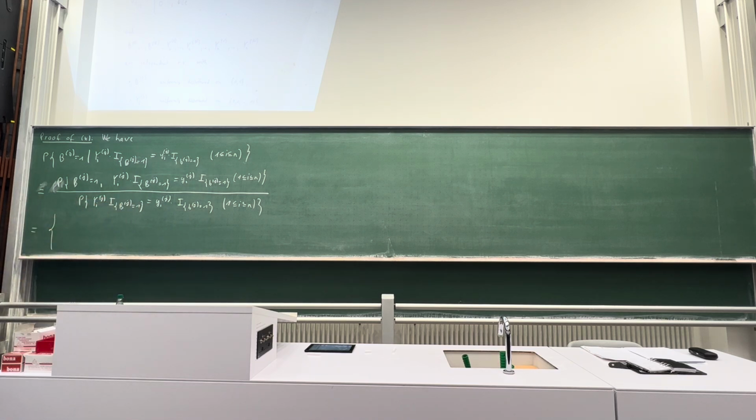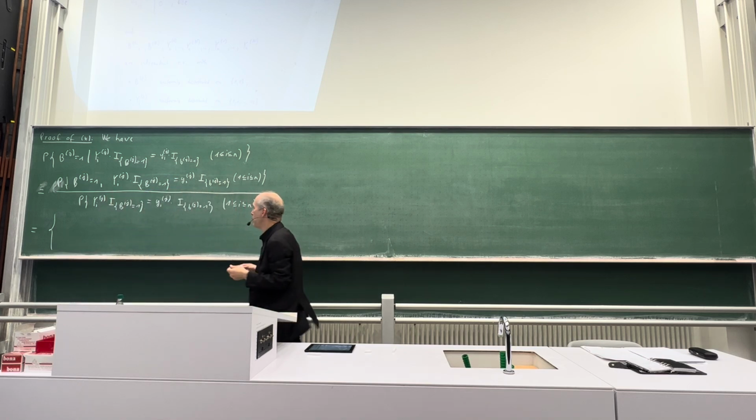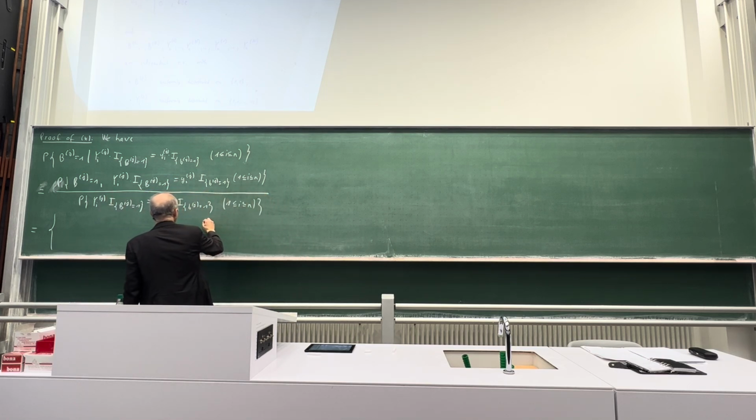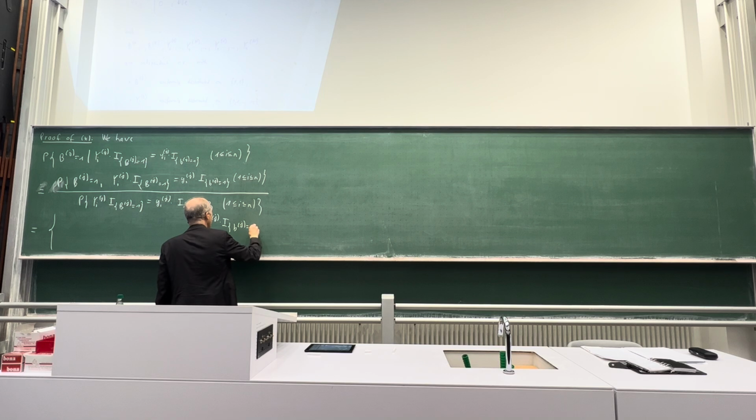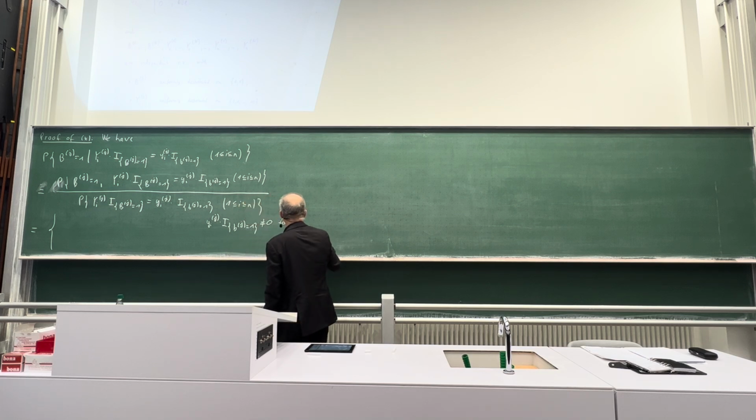And I consider two different cases. The first case which I would like to consider is that one of these values which we condition on is not 0. So I consider the first case as Yij times indicator of Bj equal 1 is not 0 for some 1 less equal i less equal n.